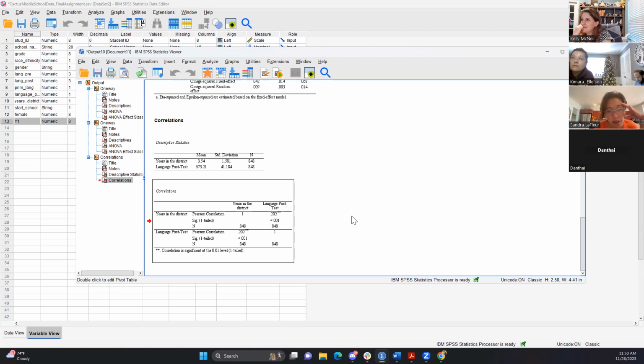So it's saying that the two are positively correlated. 0.202 though. 0.2 is weak. Look, the size of the interpreting a correlation coefficient: 0 to 0.1 is weak or no relationship. 0.2 is weak to moderate relationship.